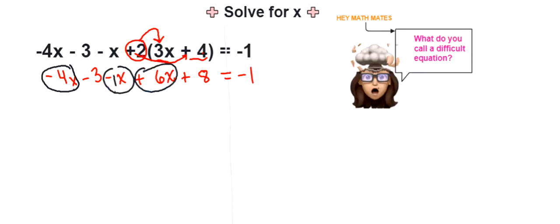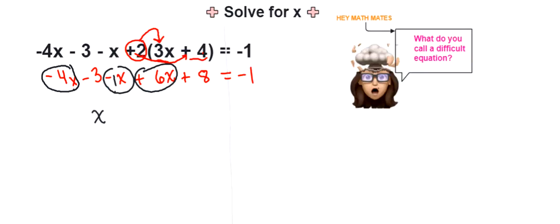That's 5 negative x's. But then I've got 6 positive x's. 6 take away 5 is 1. So that leaves me with 1x. -4 and -1 is -5, +6 is 1x. If you want to put the 1 in front of the x, feel free to do so. It's understood to be there.